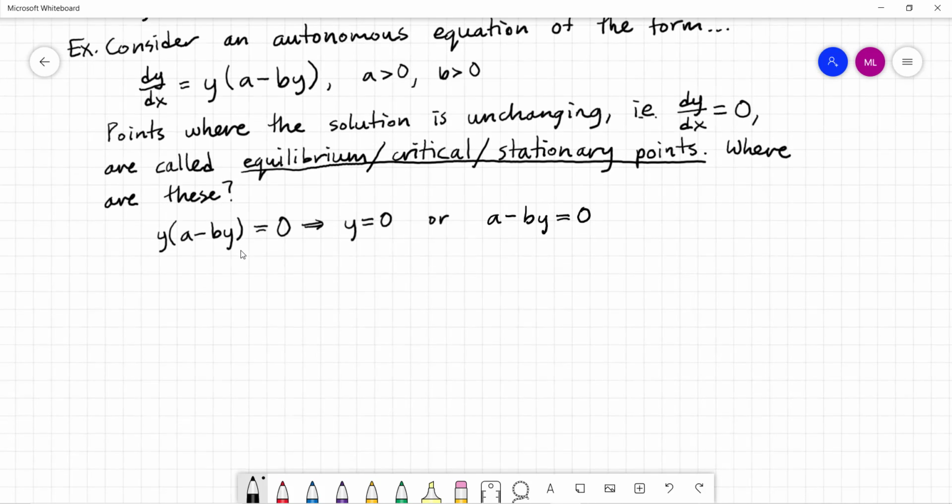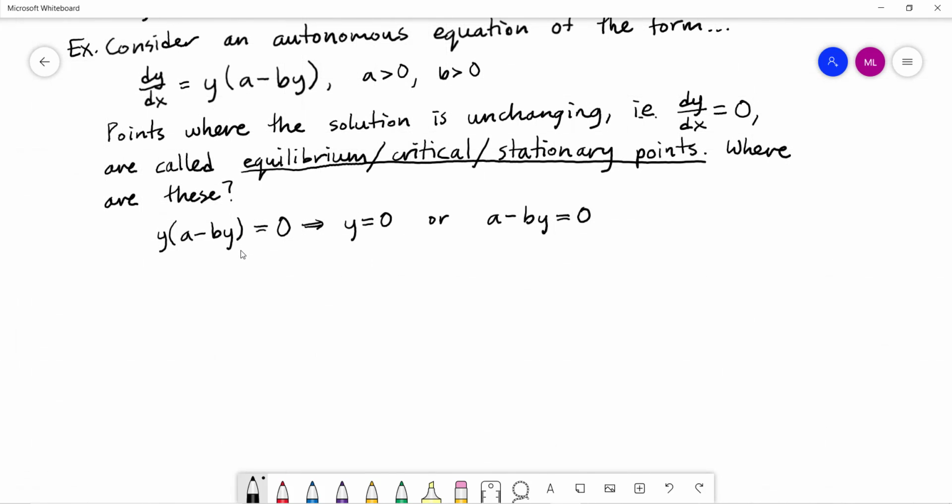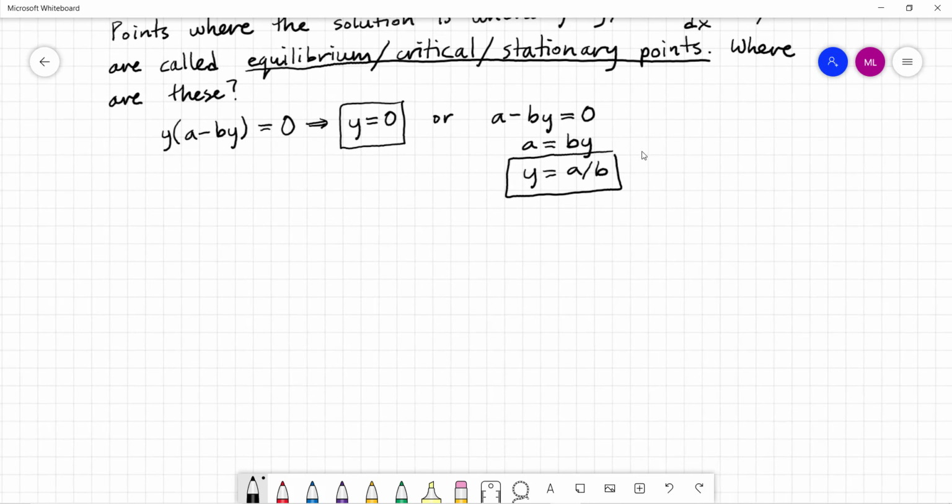If we solve for y, I'll add by to both sides to get a equals by, divide both sides by b, and I get y equals a over b. There is our second point. So here's one point, y equals 0, and here's our second point, y equals a over b. Those are the 2 equilibrium solutions, the values of y that will be unchanging.